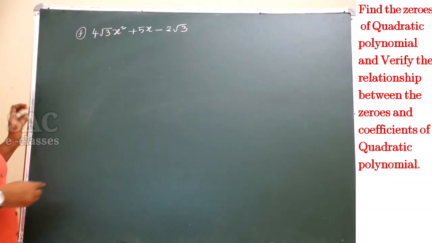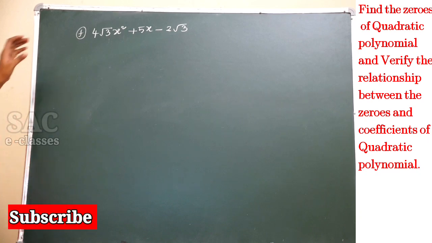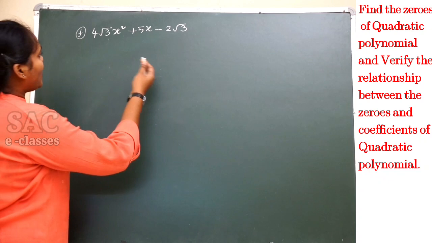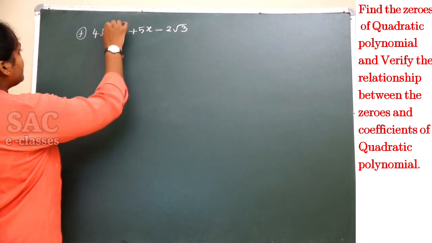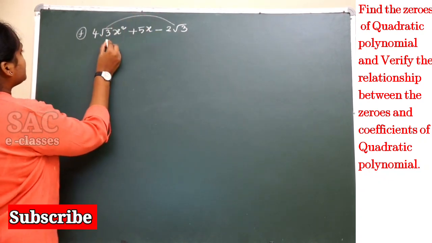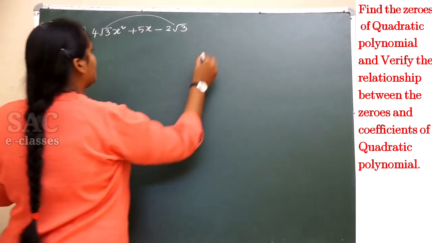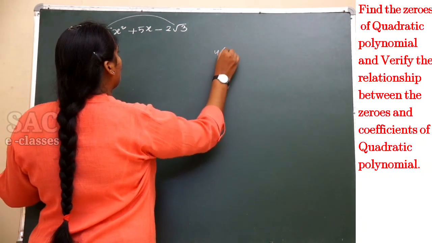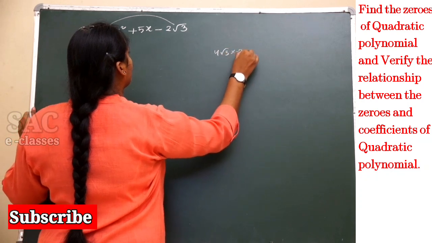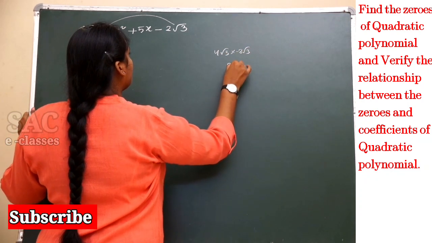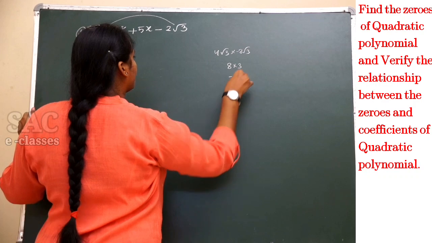Now maybe the expression is in this way. In what way will we do it? Usual factorization we can do. Just multiply the x square coefficient with the constant: 4 root 3 into minus 2 root 3 is 8 into 3, which is minus 24.